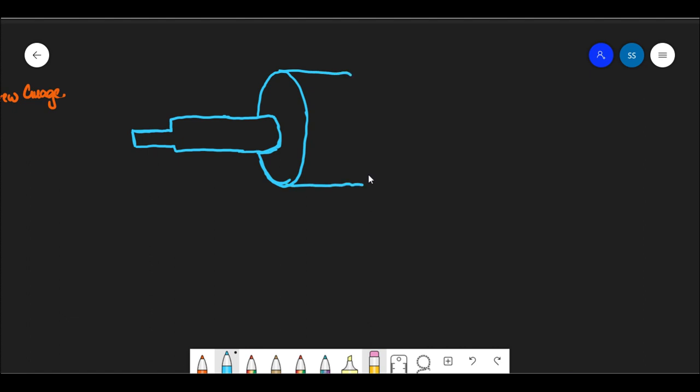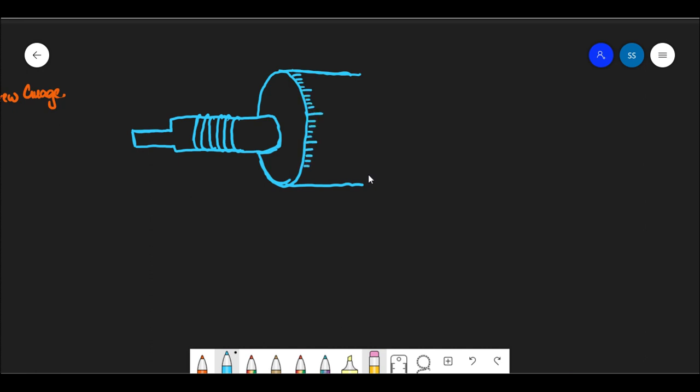Here you can see this screw kind of thing. It's twisted, right? And there you can see some measurements over here.